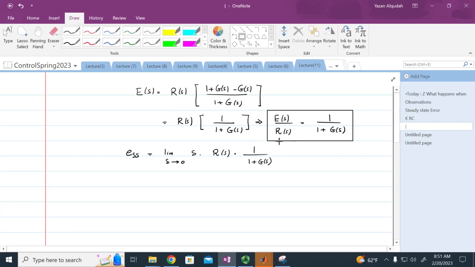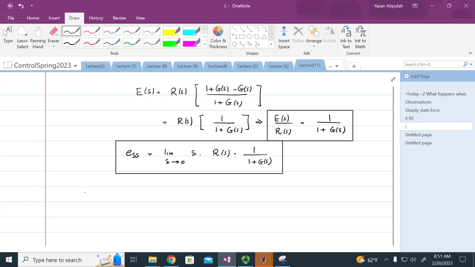And this is the expression that we're going to be using, or the formula we're going to be using, to derive the steady state errors for all the different cases. So this comes directly from this, using the final value theorem. So what does the steady state error depend on?